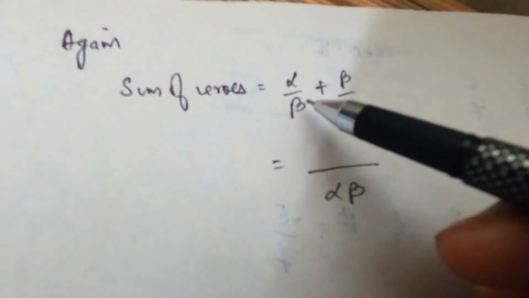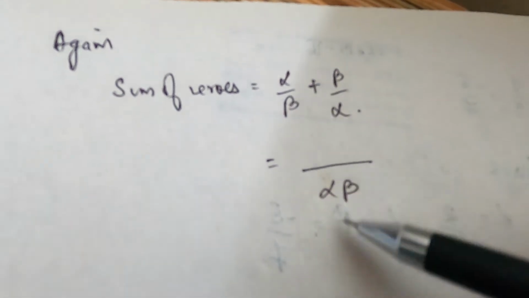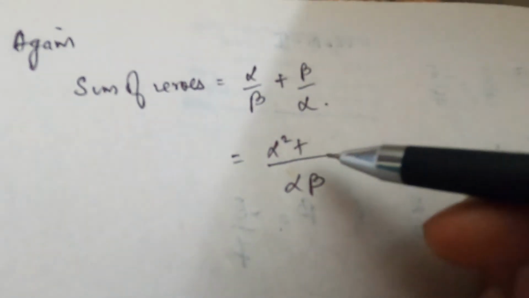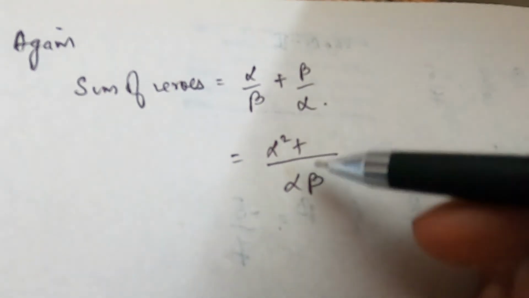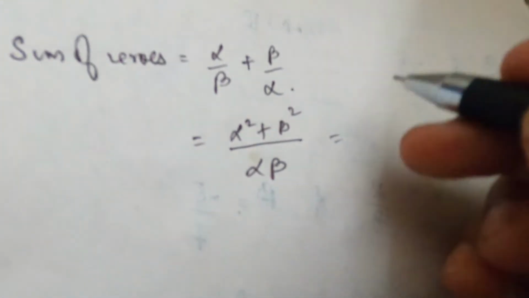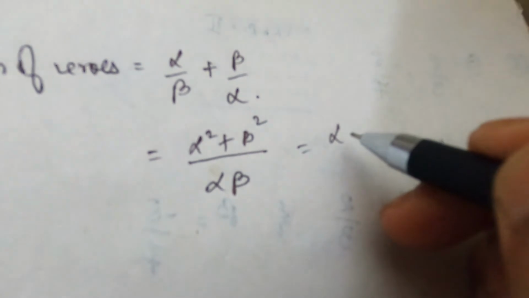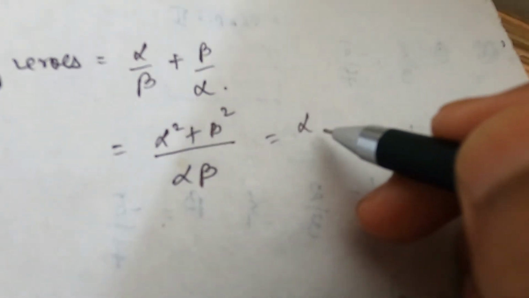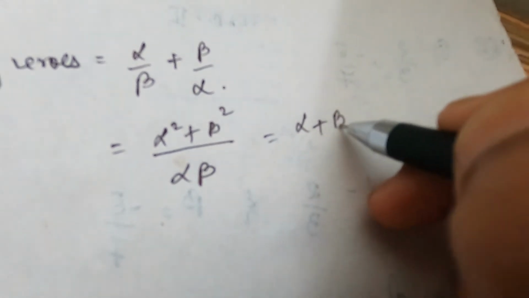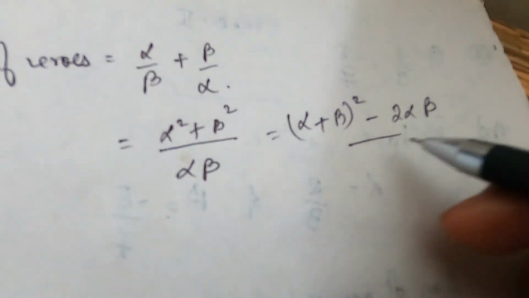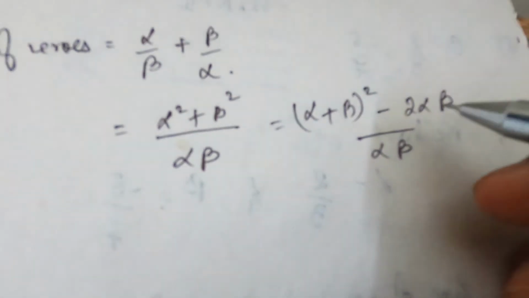So beta cancel, so it will be alpha square plus alpha cancel, it will be beta square. So this one we can simply write as in question number 9. So it will be alpha plus beta whole thing square minus 2 alpha beta by alpha beta.